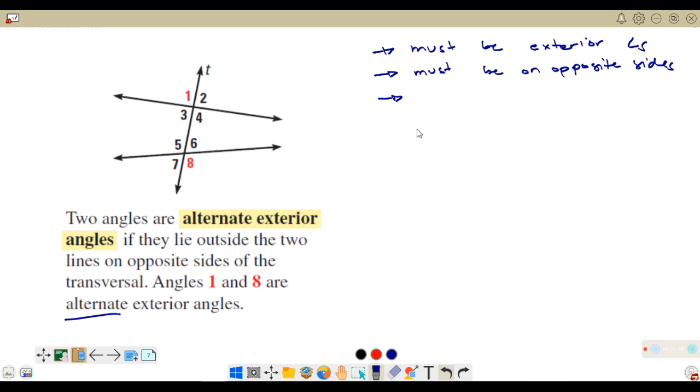Must be non-adjacent. Kasi kung titingnan mo lang dito, 1 and 2, masasatisfy niya yung mga nakalagay dito. Nasa outside sila and they are from different sides. But, you must also take note that they must be non-adjacent. So, si 1 and 2, hindi na yan pwede kasi magkadikit sila. Si 1, hindi siya pwede i-pair kay 7 kasi same side. Dapat, ang pwede na lang i-pair sa kanya ay si 8.